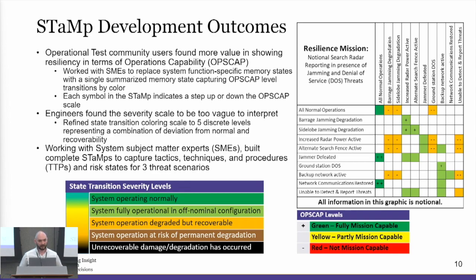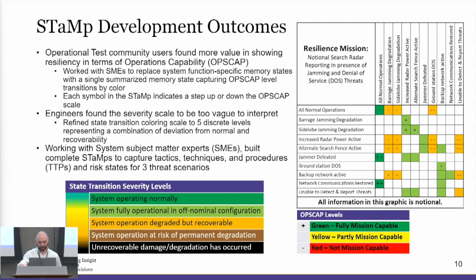And so one of the things that we started to do was to go back through and look at, rather than having the specific functional level memories, which is maybe more useful if you're going to update your system design or figure out where you're implementing controls for the OT community.